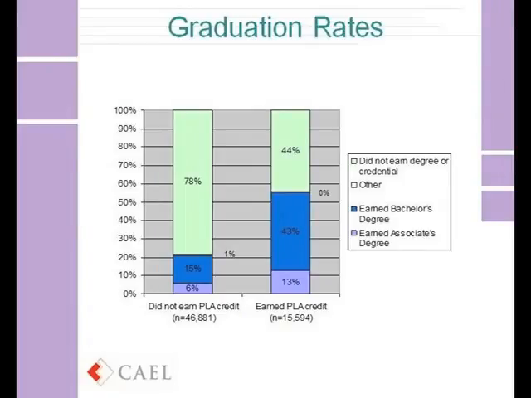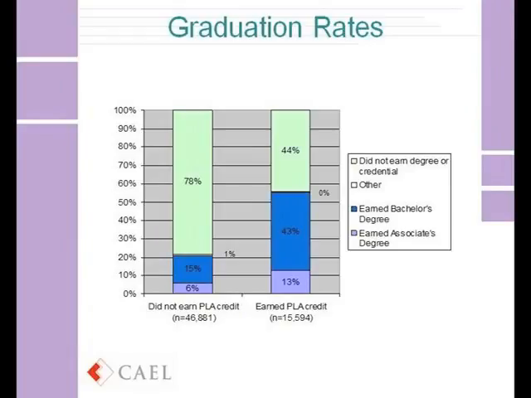If, however, we look at the bar on the right, about a quarter of the students in our sample did earn PLA credit. You will see that 44% did not earn a degree or a credential. That means that a significantly higher percentage of students who earned PLA did earn a credential.